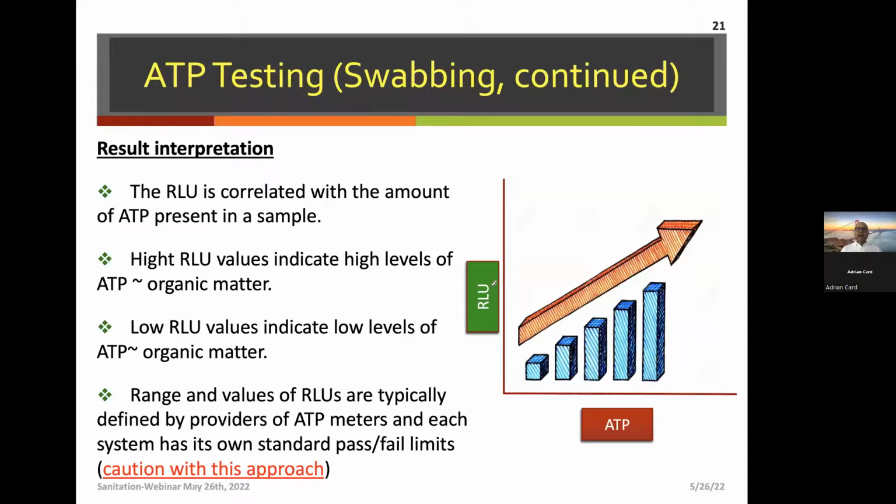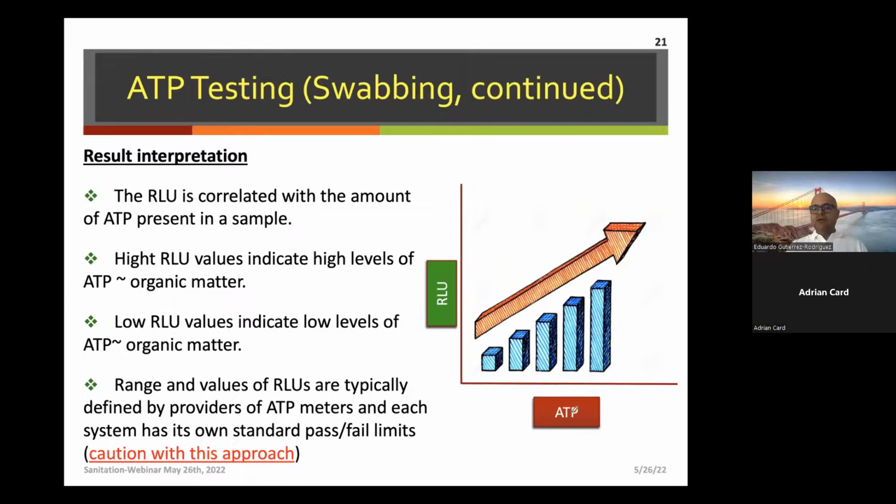If you have high RLUs, then you're going to have high ATP measurements and therefore you're going to have high organic matter. If you have low RLU units, then it means you're going to have low ATP and therefore low organic matter, okay? And the goal is to be as low as we can in this area to be able to have less likelihood of organic matter and the potential presence of organisms.